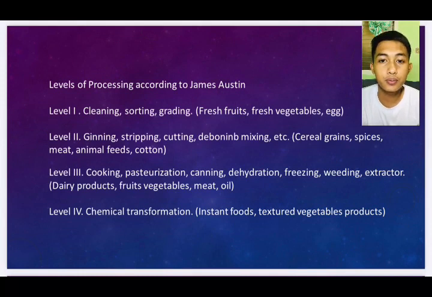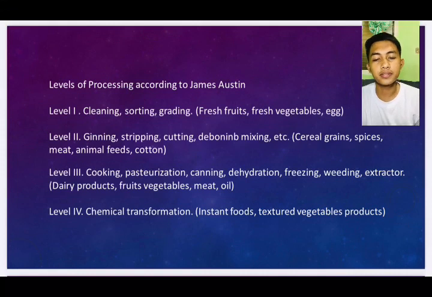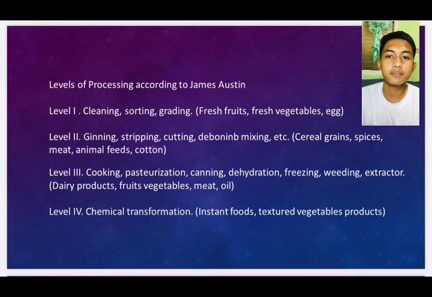Now, in level 2 processing, examples are cereal grains, meat, spices, animal feeds, cotton, lumber, and rubber. The activities involved are ginning for fiber crops, and then stripping, cutting, deboning, mixing.